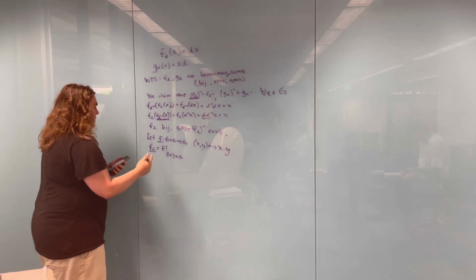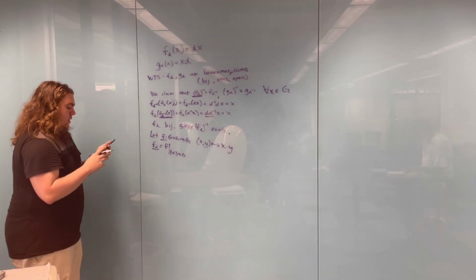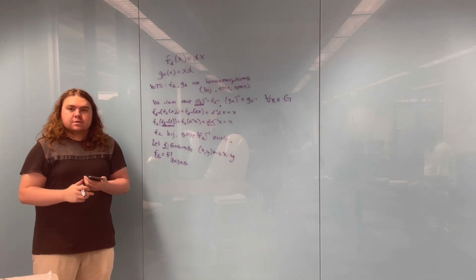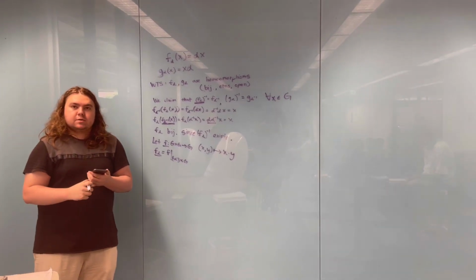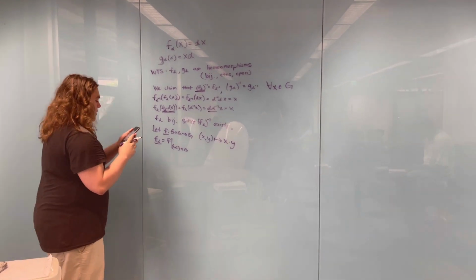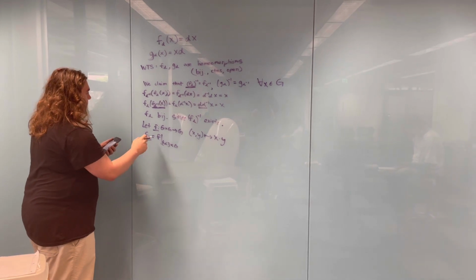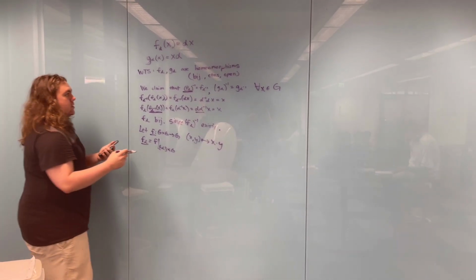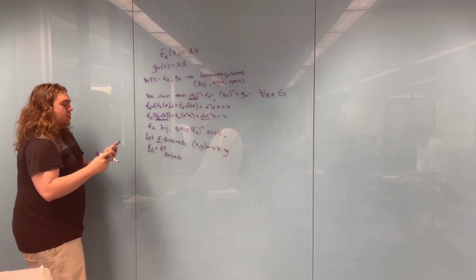So we've shown that f alpha is continuous, and the argument for G alpha being continuous is exactly the same, just with the replacement of G. So we have shown that both F alpha and G alpha are continuous as we wanted.